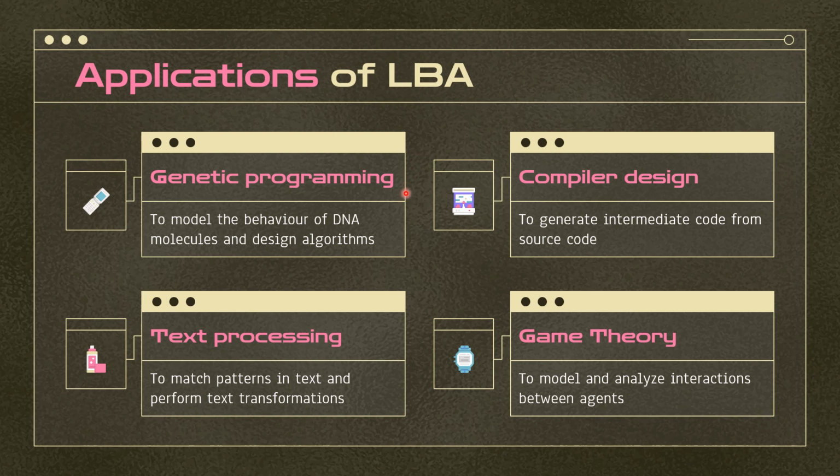LBAs can be used to model the behavior of DNA molecules and design DNA-based algorithms. LBAs can be used in compiler design to generate intermediate code from source code. Intermediate code is a low-level representation of source code that can be easily translated into machine code. LBAs are used in text processing applications such as search engines and information retrieval systems. They are used to match patterns in text and perform text transformations.